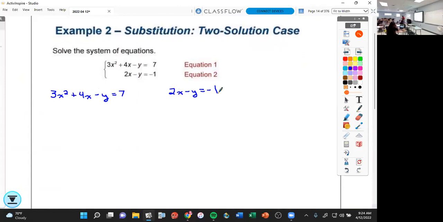Which equation would you like to solve and for what variable? Okay, the second equation, the linear equation, get y by itself. How would y'all like to do that? Subtract 2x from both sides. -y equals -2x minus 1. Change all the signs. y is 2x plus 1.